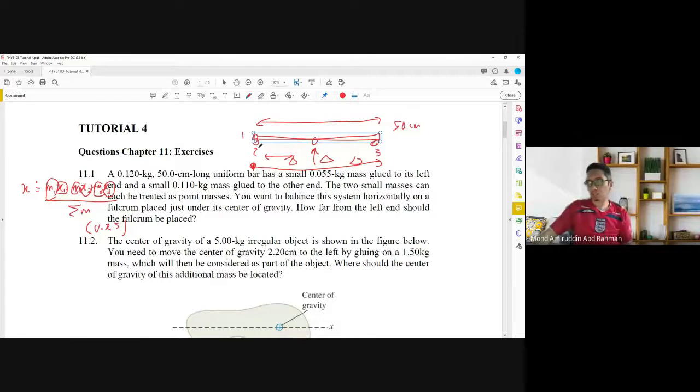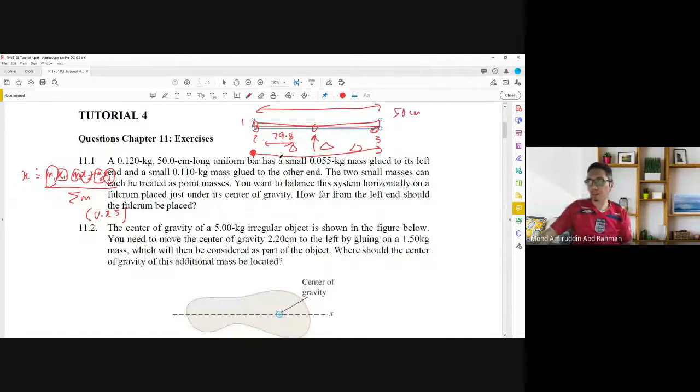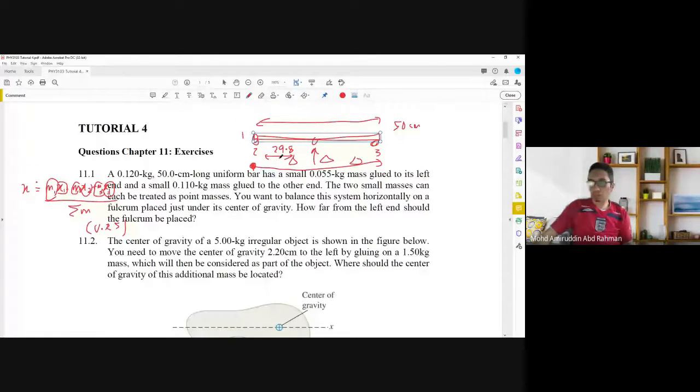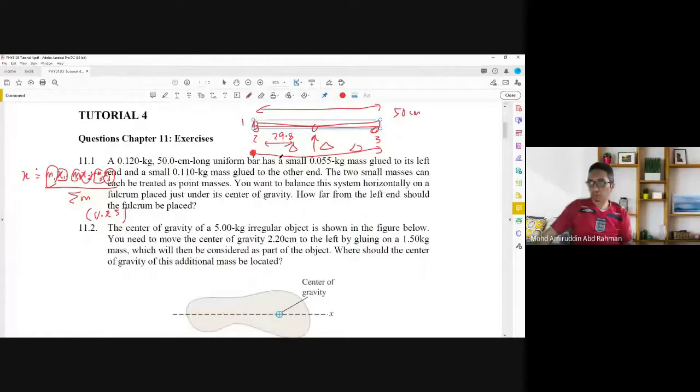So it's 29.8 centimeter from this location, from the far left end. So that's the answer.